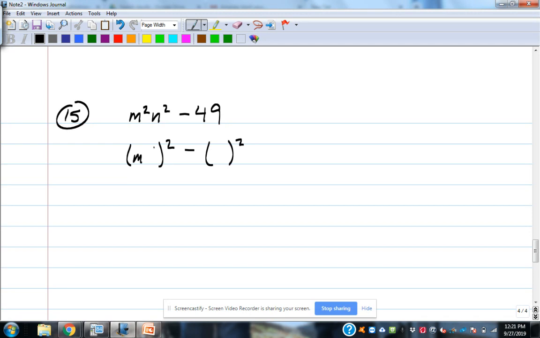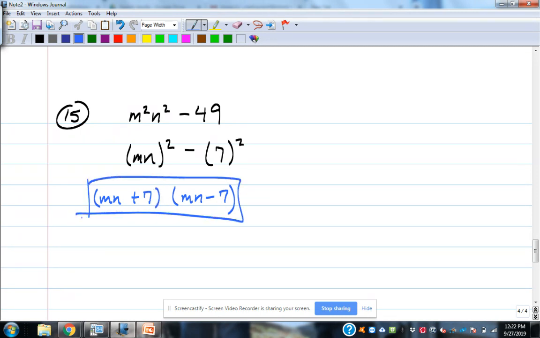M. What squared gives me n squared? N. And then what goes in the other parentheses? 7. So that gets us our factors. Mn plus 7, mn minus 7. If you put the minus first, that's okay. It doesn't matter. Pretty easy there.